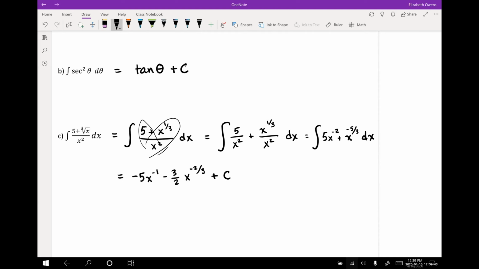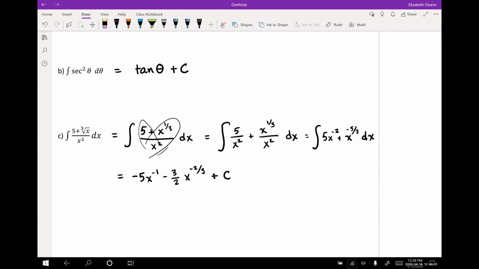You nailed it. Very good. If we were to take the derivative of that, we would see it would give us exactly this integrand function back. So that's what we're looking for. This is the general antiderivative, so that is the indefinite integral.